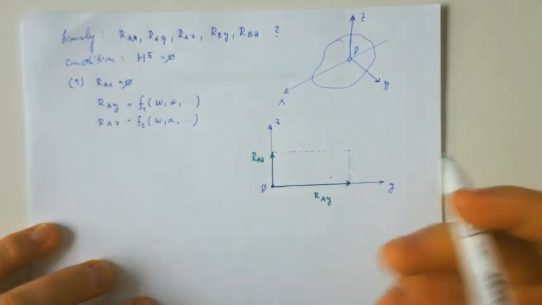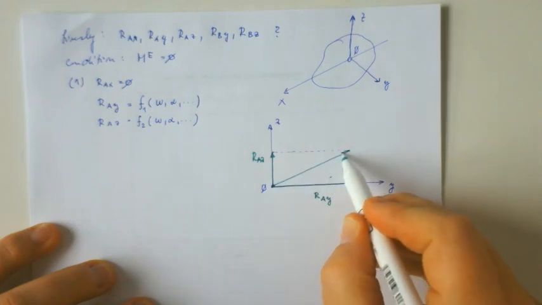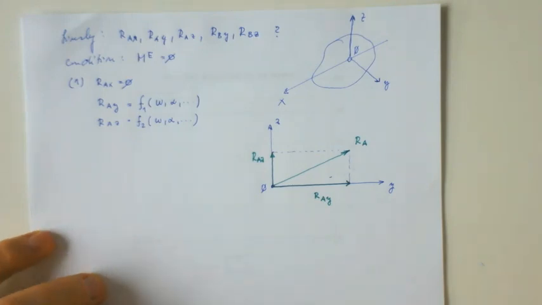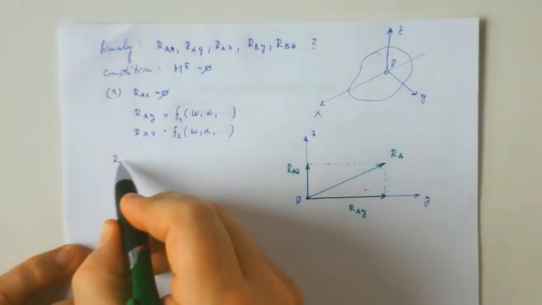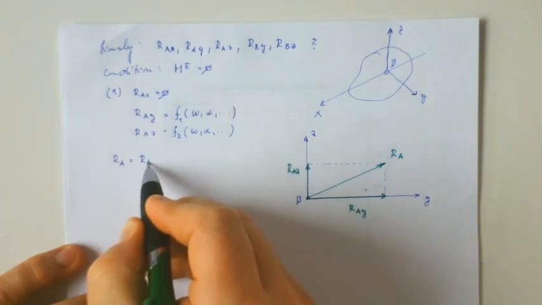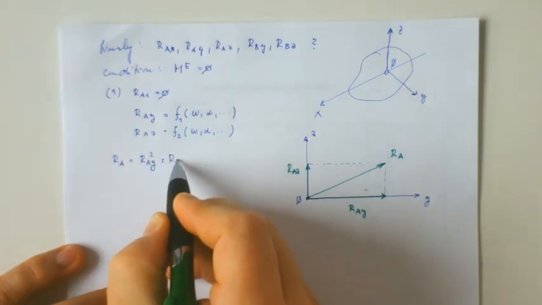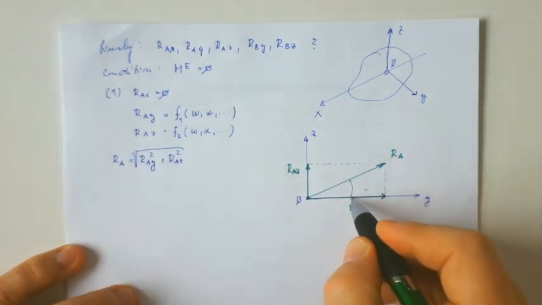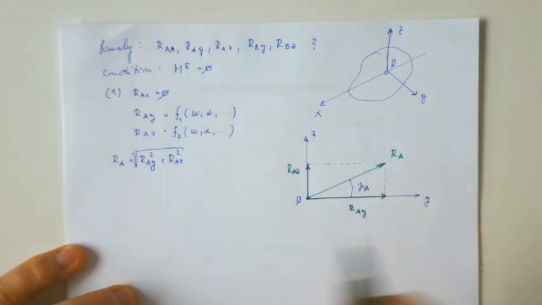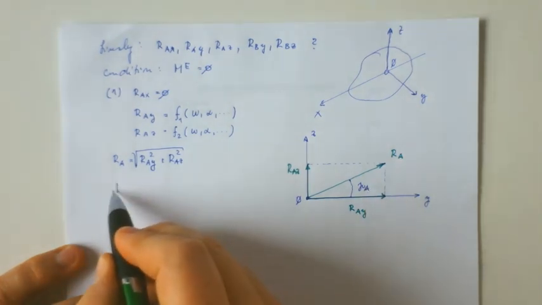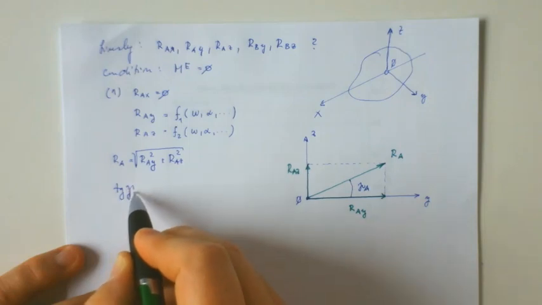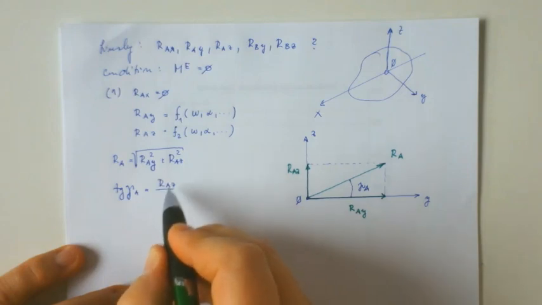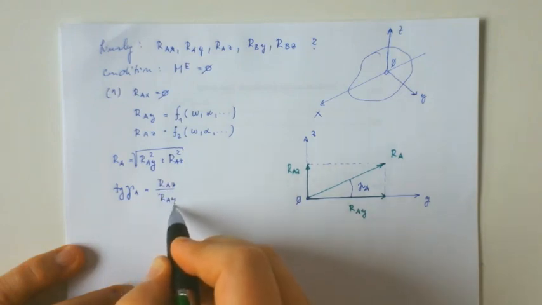And I can find the resulting reaction RA. So RA is RAy plus RAz, and if I need to know this angle, for example gamma A, I can say that tangent gamma A is the ratio of RAz over RAy.